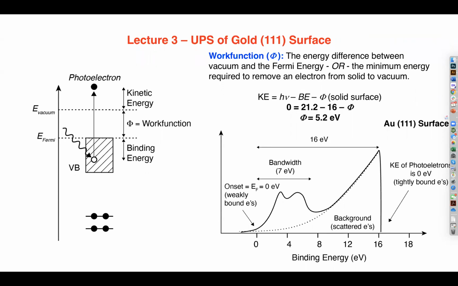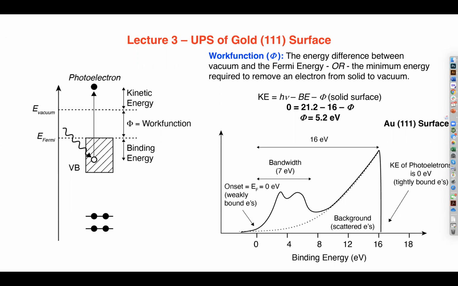So here we're taking the X-ray and exciting an electron from the valence band of gold, which is then being photo-emitted. The energy of that electron ends up being greater than vacuum, and the extent to which it's greater than vacuum gives the value of the kinetic energy.